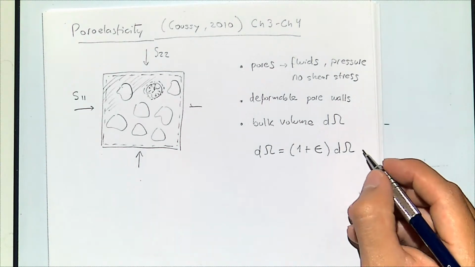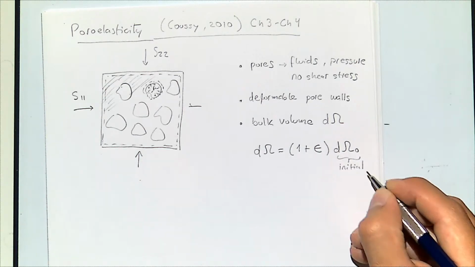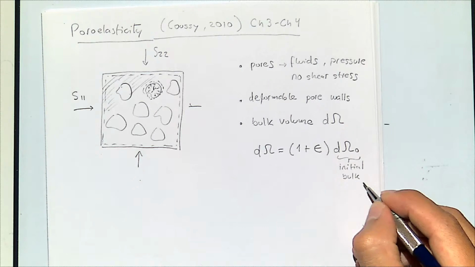Where this one is the initial bulk volume.